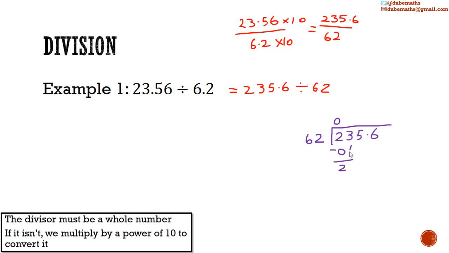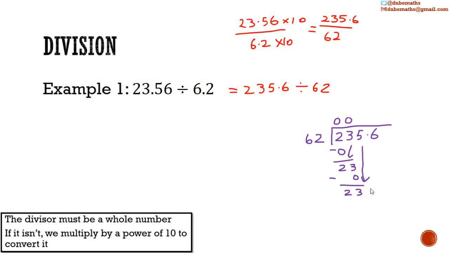Then we bring down the 3. We have 23. We ask 62 into 23, 0. 0 multiplied by 62 is equal to 0. 23 take away 0 is equal to 23. Now we bring down the 5.